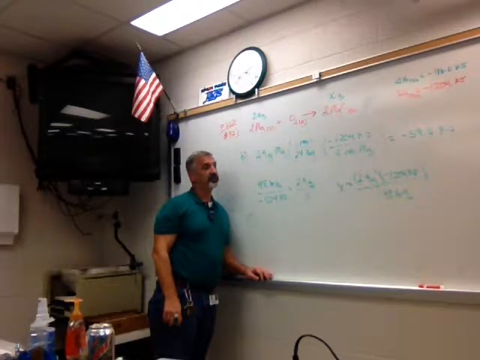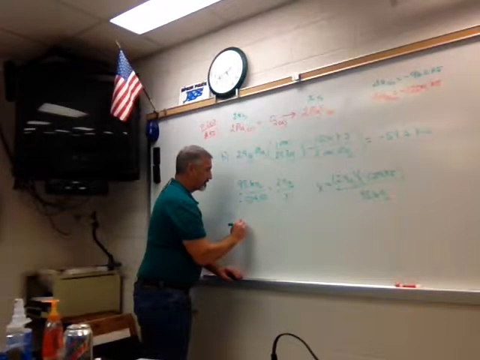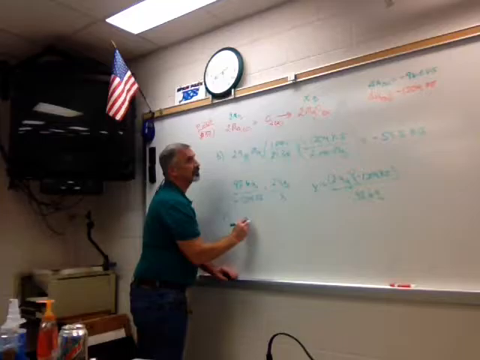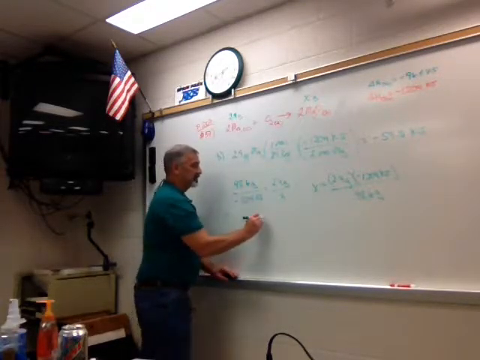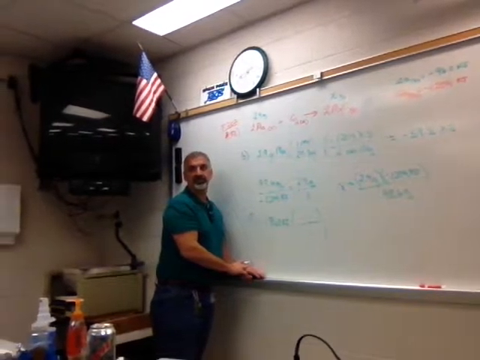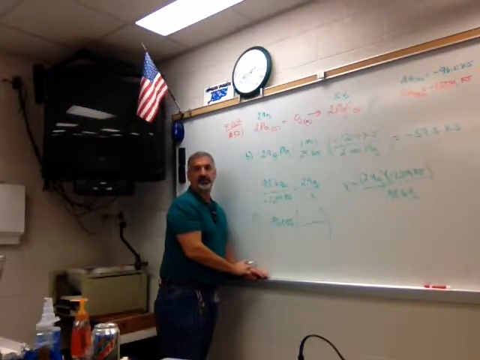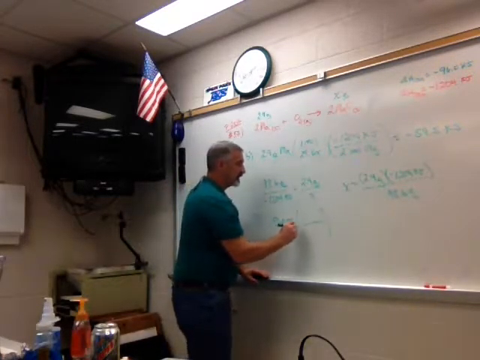So what should we start with? So now I need to find something that has kilojoules in it. What has kilojoules in it? The red, the 1204, right? So where should that go?